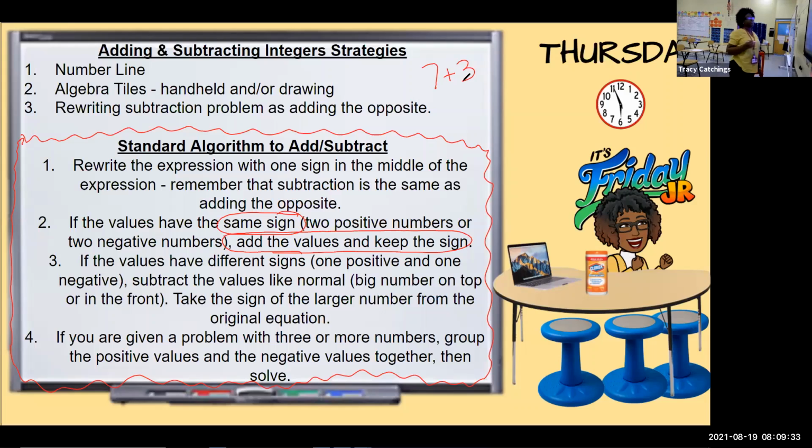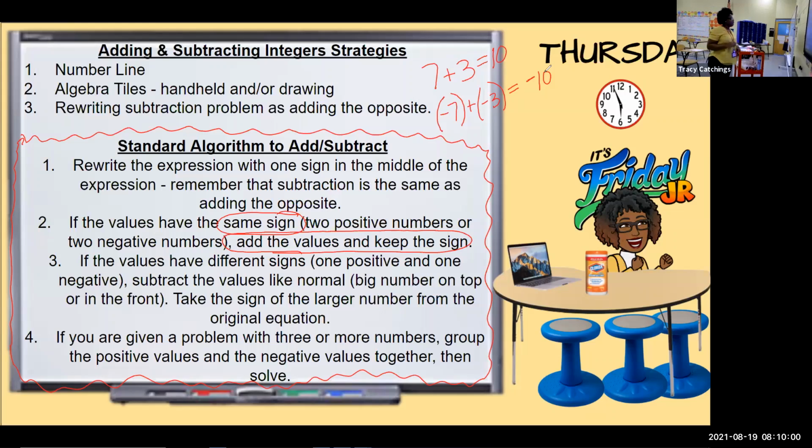So when we see 7 plus 3, we can easily say, okay, we're going to add the two numbers together to get 10. If they were two negatives, it would be the same. If we have -7 plus -3, once again, we're going to add the values. 7 and 3 will give us 10. And since both of those are negative, that means 10 will be negative. So that's what it means when it says if the same sign, we're going to add the values and keep the sign.